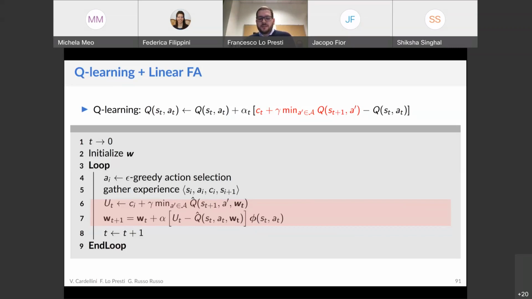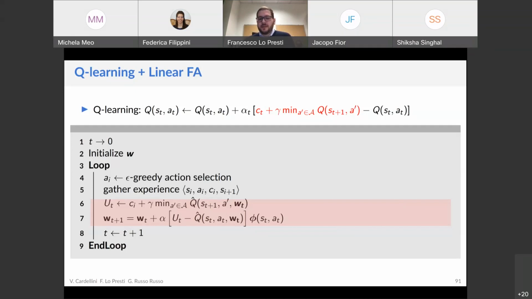So we can use the same approach in this extended version of Q-learning, where we compute the noisy approximation U, summing the observed cost C that we observe at each step, plus gamma that multiplies the estimates that we have of the future cost based on the current estimate Q hat.